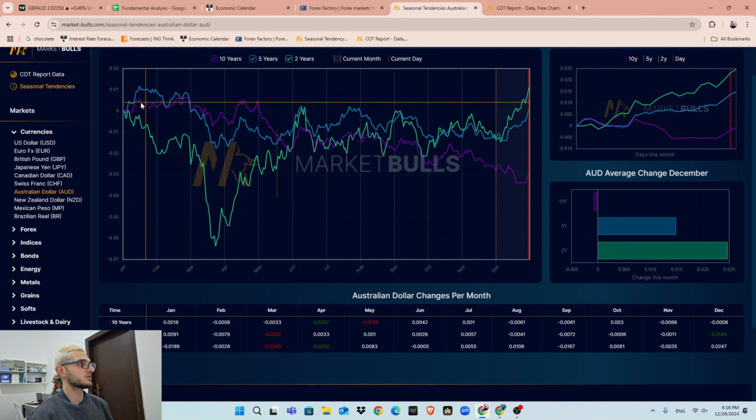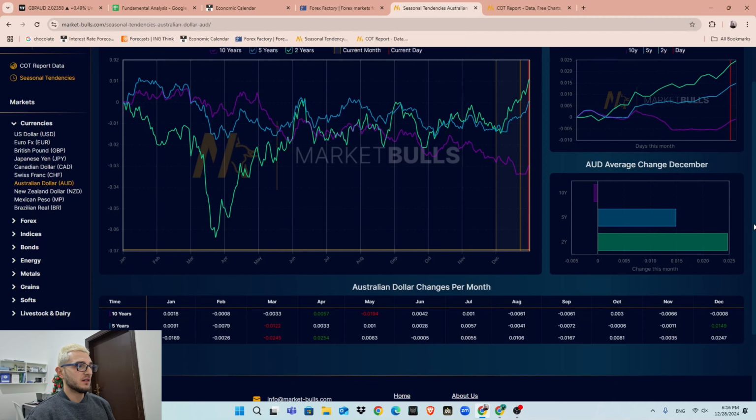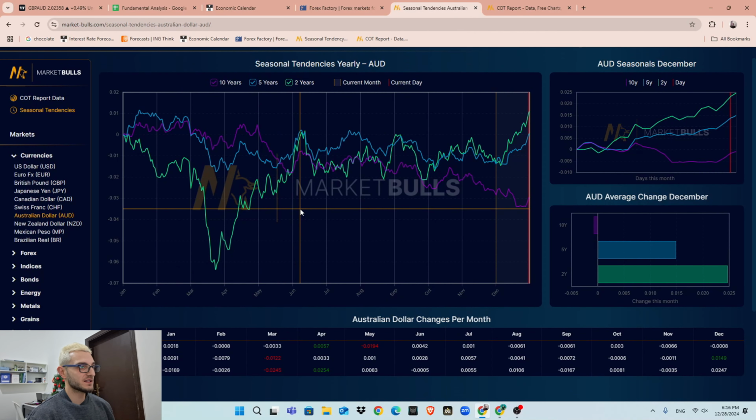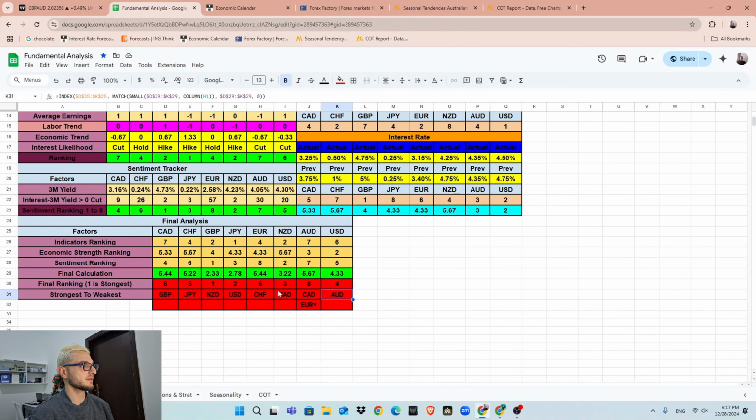And based on the 2 years, you see there is a huge depreciation on the Australian dollar, and it was, I think, because of China not getting good economy, and also Australia not having good economic fundamentals. So it's, from a seasonal perspective, not a big fan of this trade, but from a fundamental perspective, a huge fan of this trade.